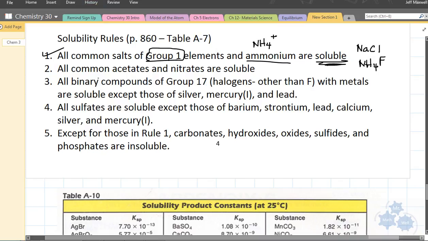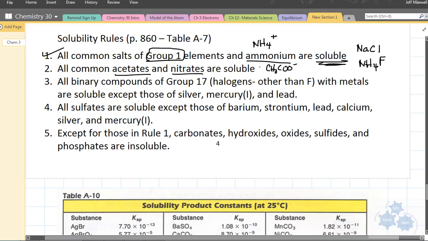Rule number 2: all common acetates and nitrates are soluble. Okay, turn to page 169 in your text real quick. So, acetates, if you look on your chart, an acetate is an ion that is CH3COO negative.